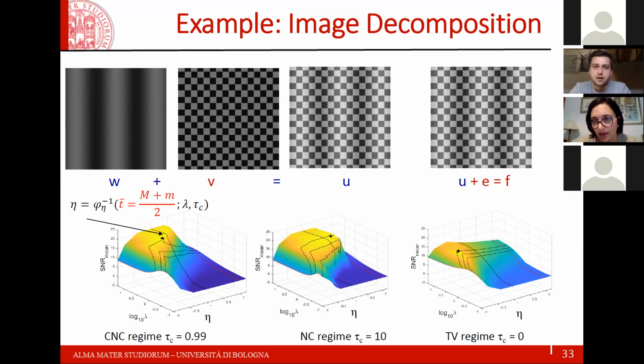It is set automatically based on the convexity criterion. Yes, although in this graph the value of A changed because both eta and lambda were changing. So for each point of this surface, the value of A was different, such that it would satisfy the convexity condition. Okay, thank you.